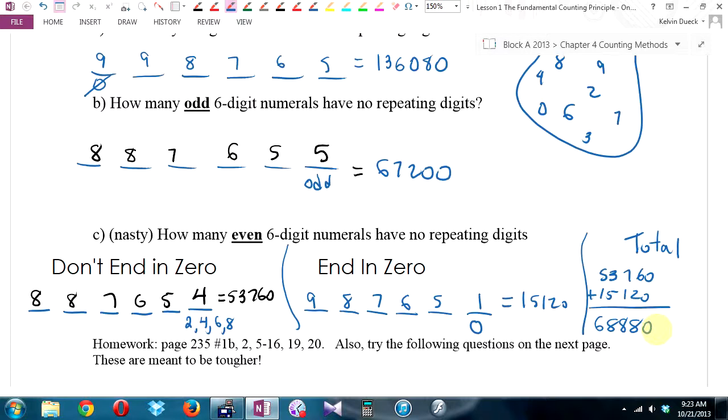If I know the total numbers and I know how many are odd, how can I use those two to figure out how many are even? I think if I just subtract them, whatever's left is even, because you're either odd or you're even. You're one or the other. So if you go 136,080, take away 67,200, please tell me, do you get 68,880? I hope. We do? That's how I would check my answer.